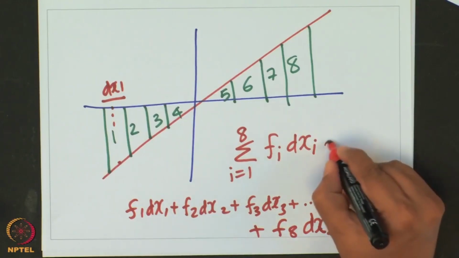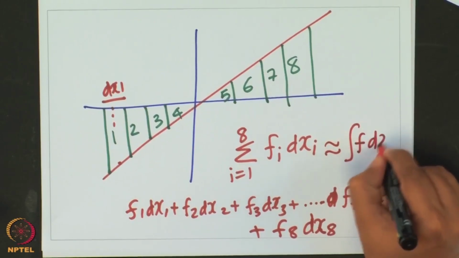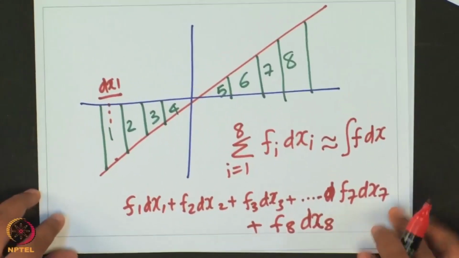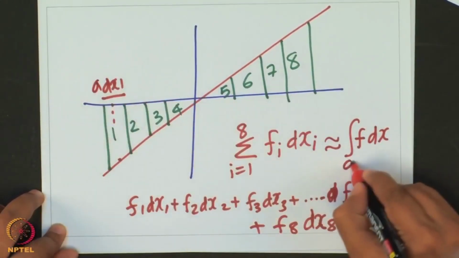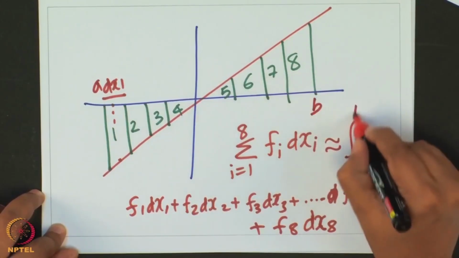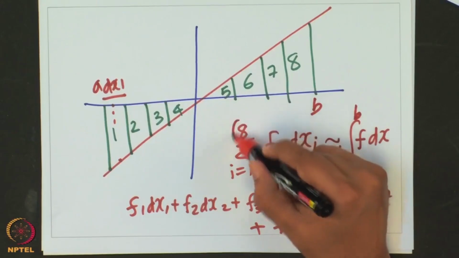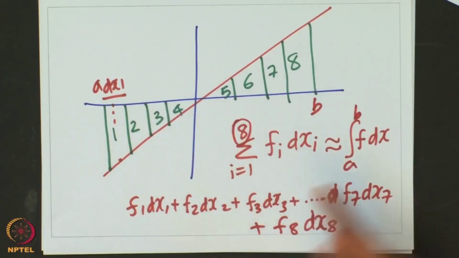This would be approximately equal to the integral of f dx from this limit, let me call this a, to this value, which is b. A to b can be divided this way. The more smaller areas I take, the better answer I will get.